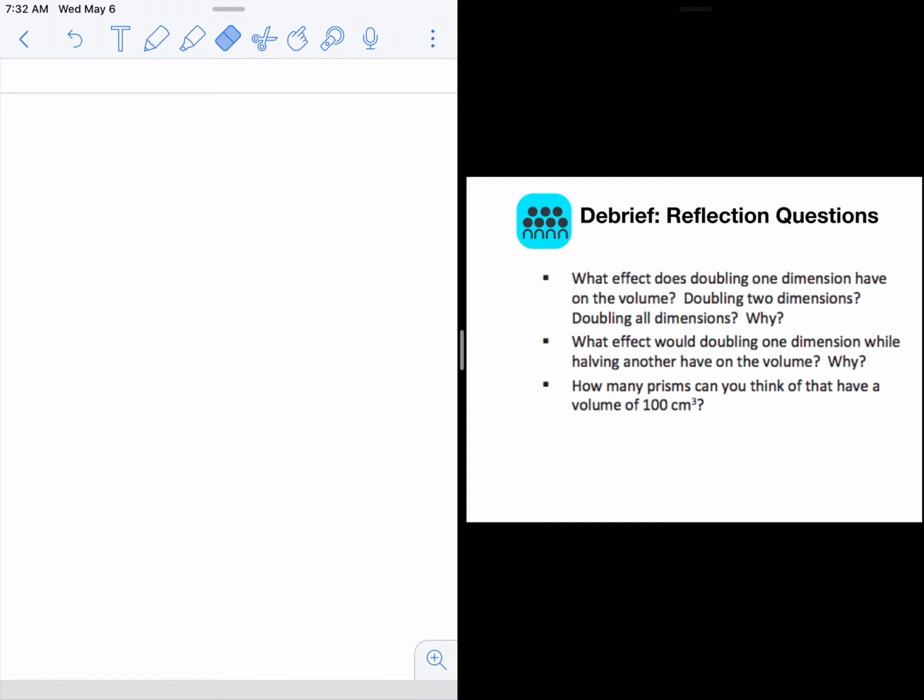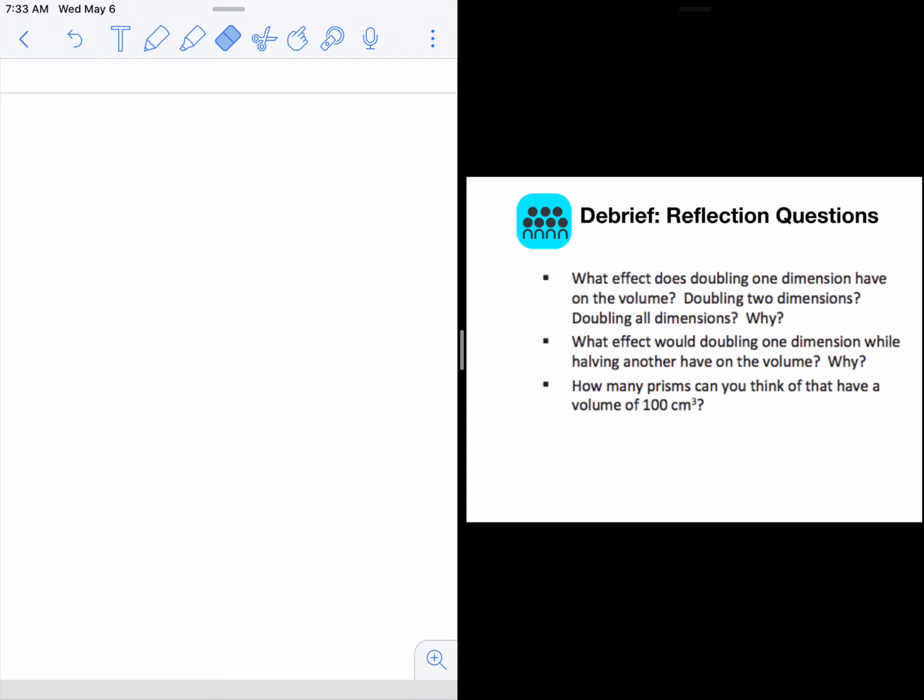So if you double one dimension, it's going to double that volume. If you double 2 dimensions, what is it going to do? If you double all the dimensions, what is it going to do? So I want you to think about that. Let's think about that right now, okay?